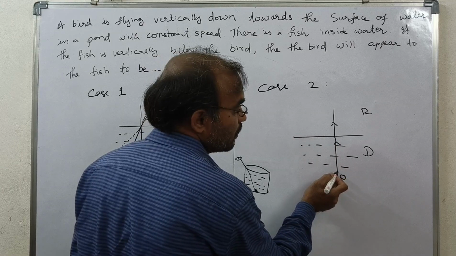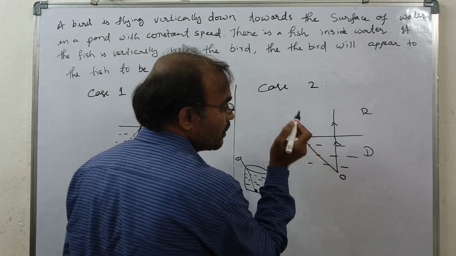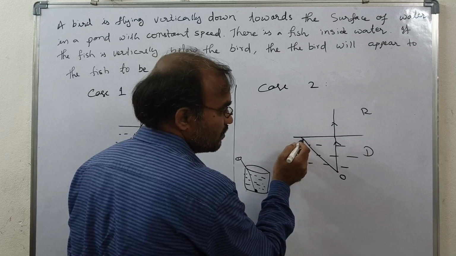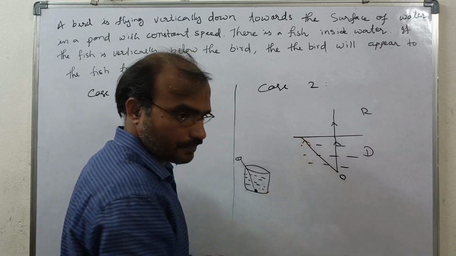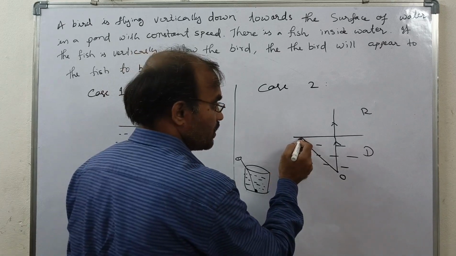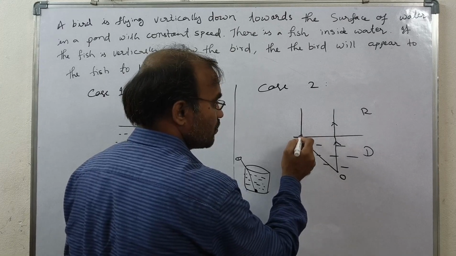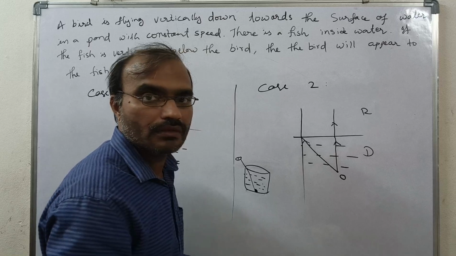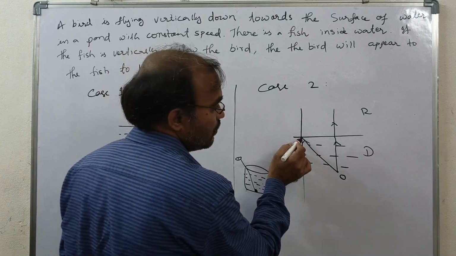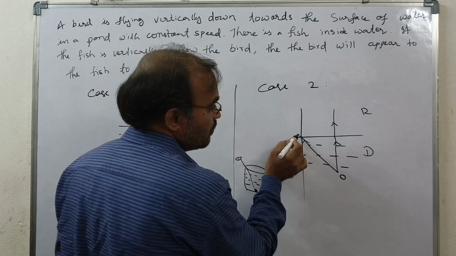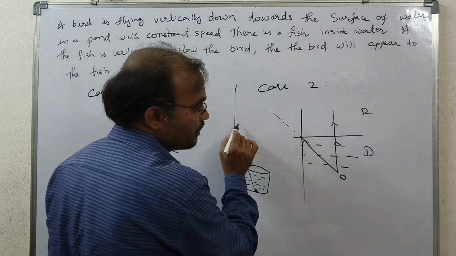Now again take from the same object a ray in any direction you like. It's up to you. At the point of incidence, draw the normal. Now, locate the original path of light.